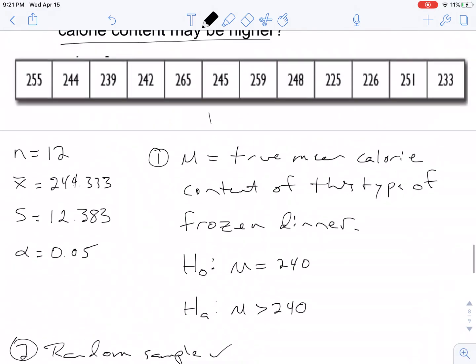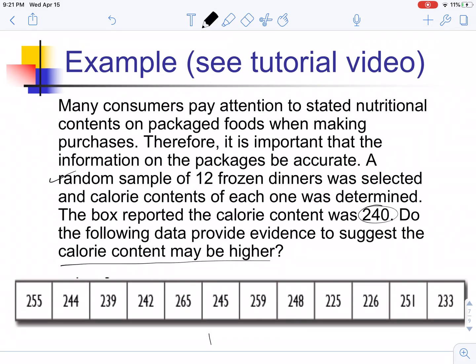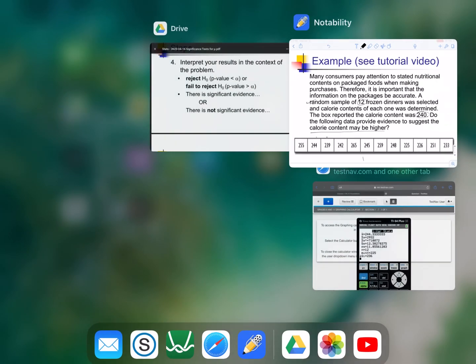Now I'm going to look for my normal condition. So if I look back in the problem statement, it does not tell me that the population is normal. My n value is only 12, which is lower than that cutoff value of 30. But again, what I can do is if neither of those seem to be true, I can go ahead and make a box plot of my sample data. So I'm going to go ahead and do that.